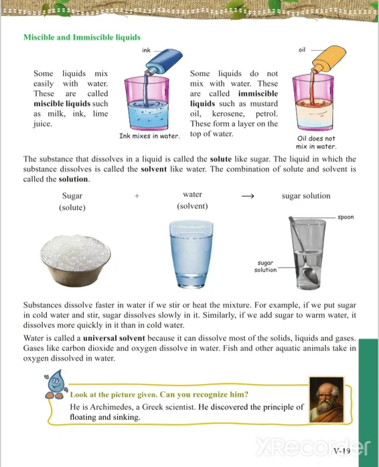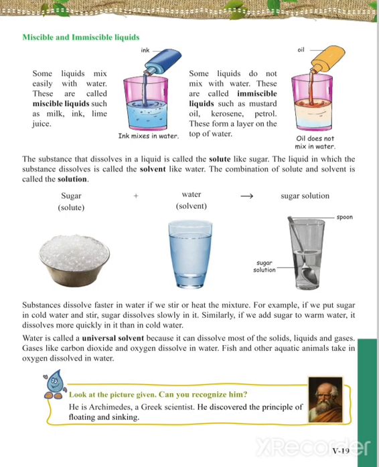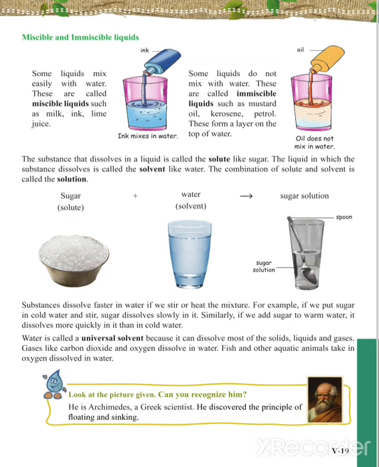The next is miscible and immiscible. It means some liquids directly mix in the water and some do not mix in the water. The liquids which mix up easily in the water, we call miscible liquids, such as milk, ink and lime juice.